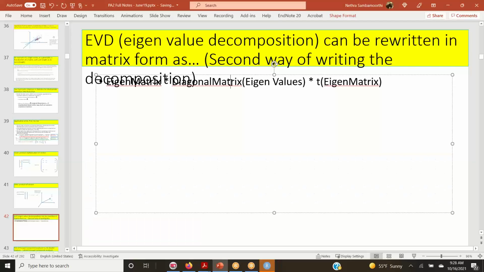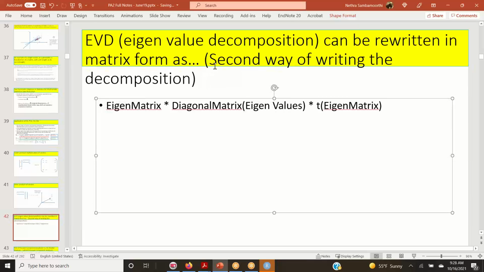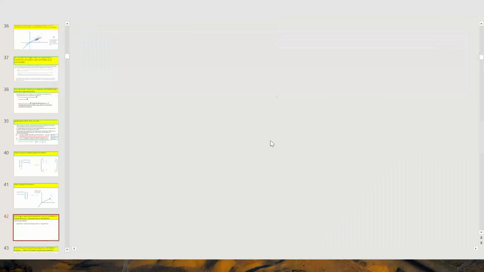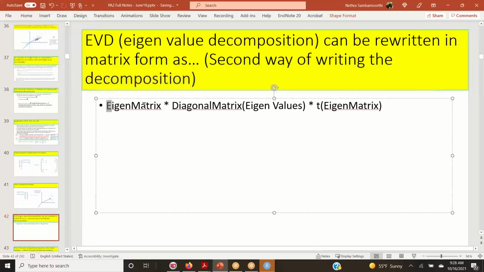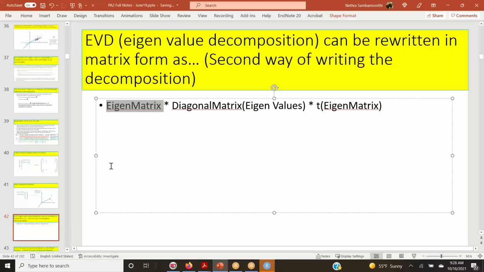The first way is just expressing each of the outer products. The second way is writing it in terms of matrices: the eigen matrix, which refers to all the eigenvectors, then the diagonal matrix of the eigenvalues, and then the transpose of the eigen matrix, which is all the eigenvectors transposed.